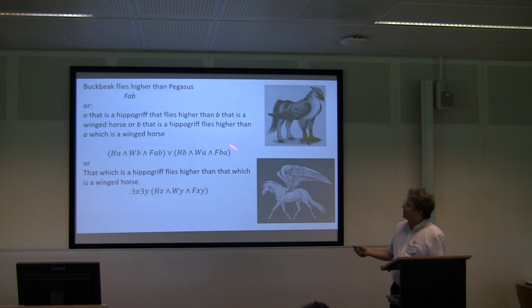Okay, and as soon as you've done that, and here's this formalization, you've now got a completely symmetrized predicate. Okay, it's a complex predicate. And so that just illustrates what I was saying before. But then, of course, we could just drop the proper names and just say that that which is a hippogriff flies higher than that which is a winged horse, and then you've just got this straightforward predicate calculus.